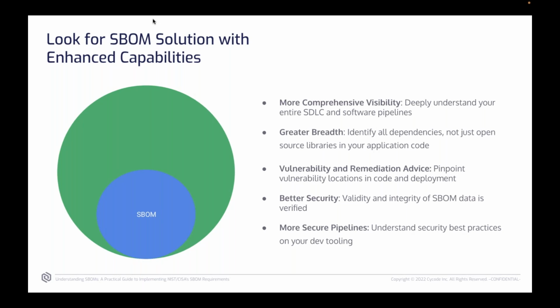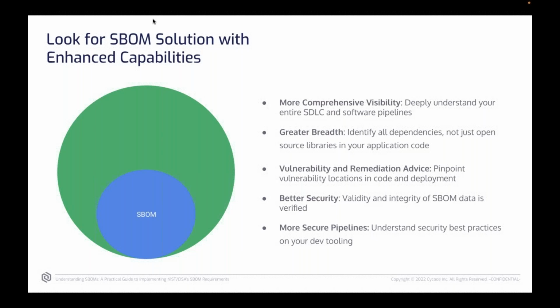So first of all, start with complete visibility. Something that can understand your entire SDLC and pipelines is going to give you a better output in terms of SBOMs than something that's just looking at application code. You want, again, an SBOM that can look at all dependencies, not just application code, and one that gives you vulnerability and remediation data.